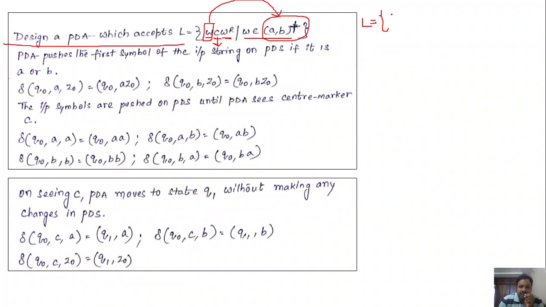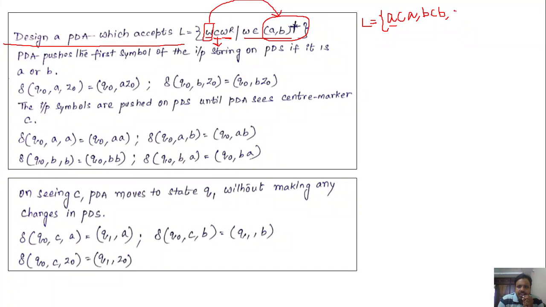Let me take a simple string: the word is a, then the character c, and the reverse of a is a itself. That is the first possible string. Next, I take b as the word, followed by c, followed by the reverse of b, which is b itself.